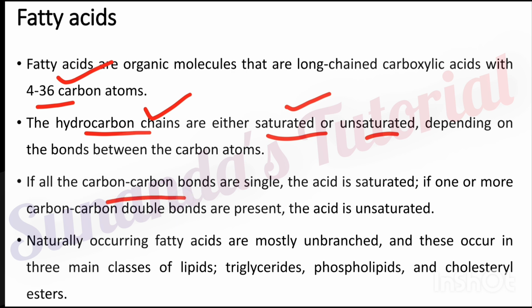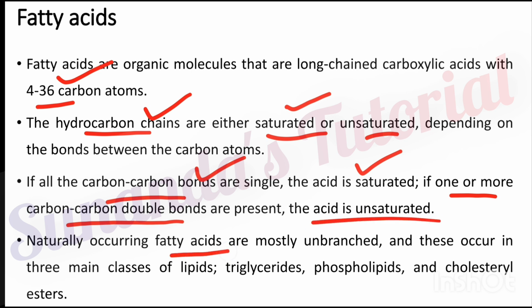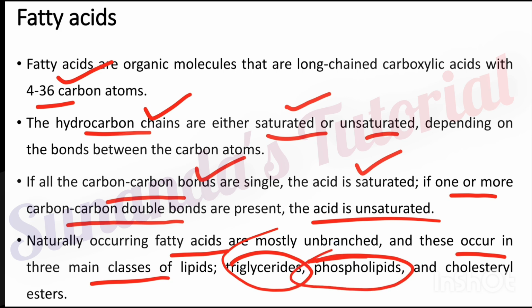If carbon-carbon bonds are single, it is saturated, and if one or more carbon-carbon double bonds are present, it is unsaturated. Naturally occurring fatty acids are mostly unbranched, and these occur in 3 main classes of lipid: triglycerides, phospholipids, and cholesterol esters. Okay, so unbranched fatty acids are mostly present in cholesterol esters, triglycerides, and phospholipids.